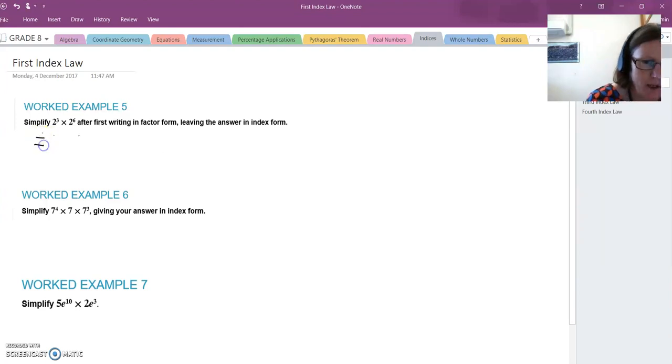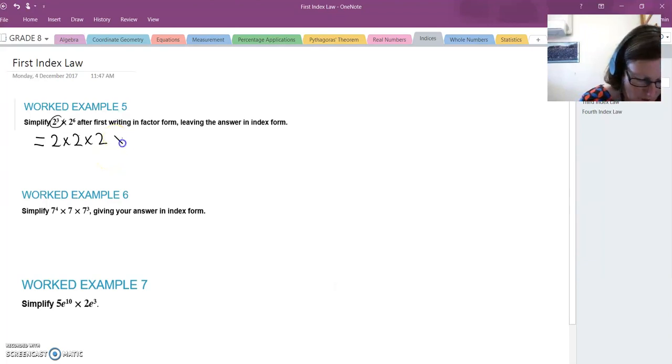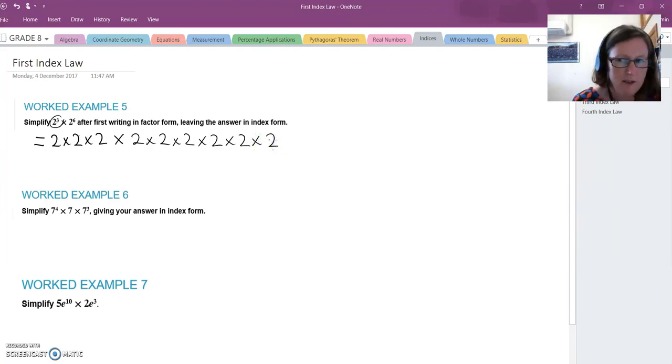2 to the power of 3, we can write in factor form, which is 2 times 2 times 2. And now we're going to times that by 2 to the power of 6: 1, 2, 3, 4, 5, 6. So from index form, I've written that in factor form.